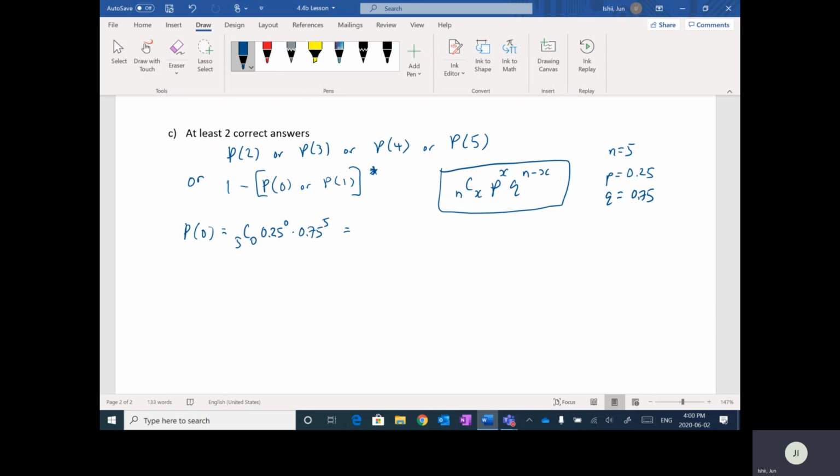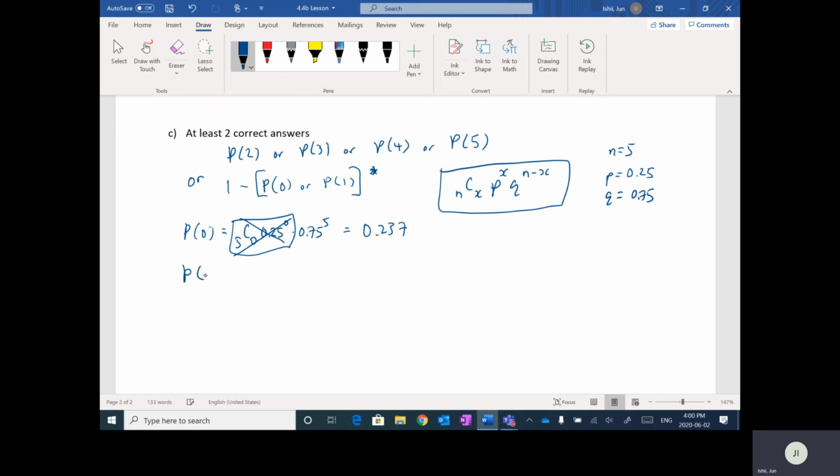If I punch that in, 5 choose 0 is 1, times 1, so this stuff here is basically just 1. We're going to just cancel that out. 0.75 to the 5th power is 0.237. I'm just going to go to 3 decimal places.